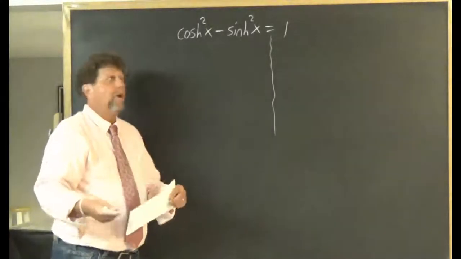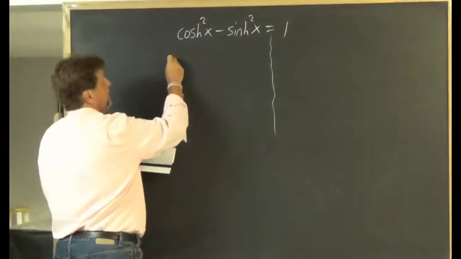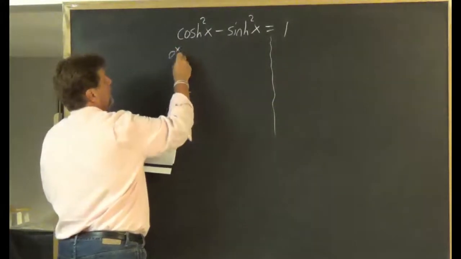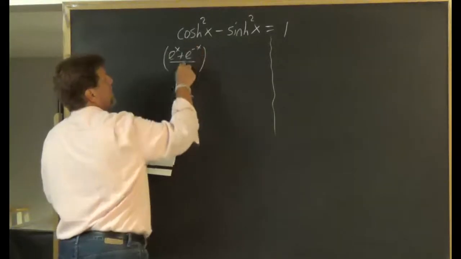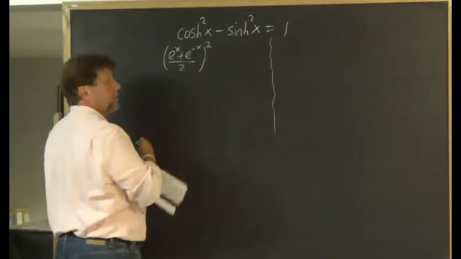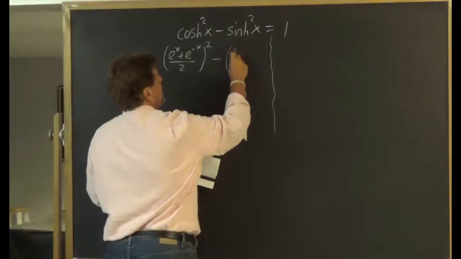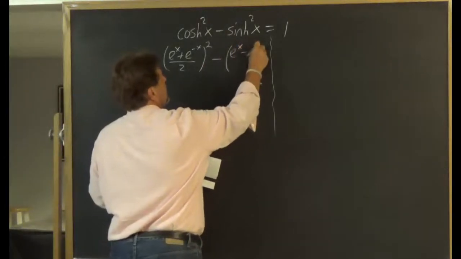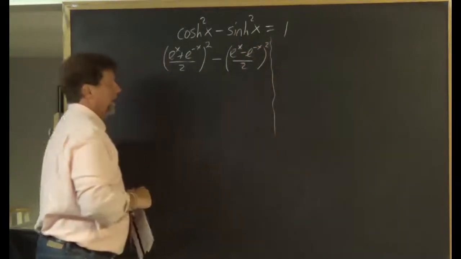Here we know hyperbolic cosine is defined to be e to the x plus e to the negative x over 2. So that's hyperbolic cosine, and it's squared, minus hyperbolic sine, which is e to the x minus e to the negative x over 2. And that quantity is squared.